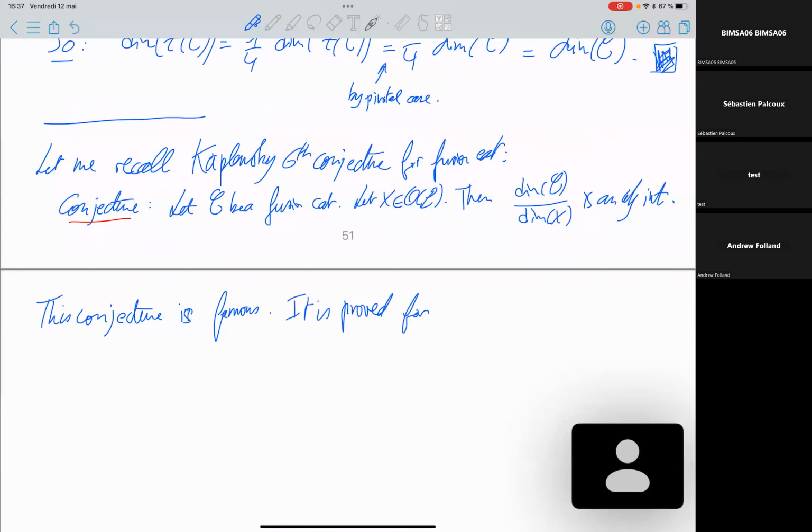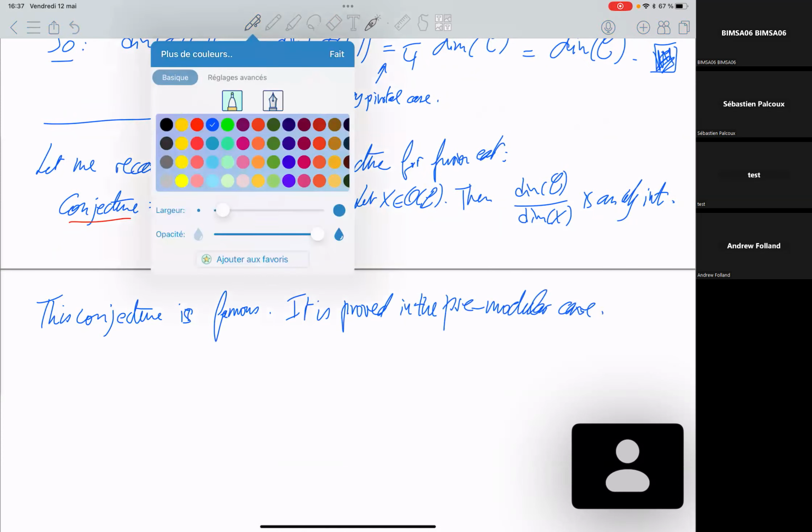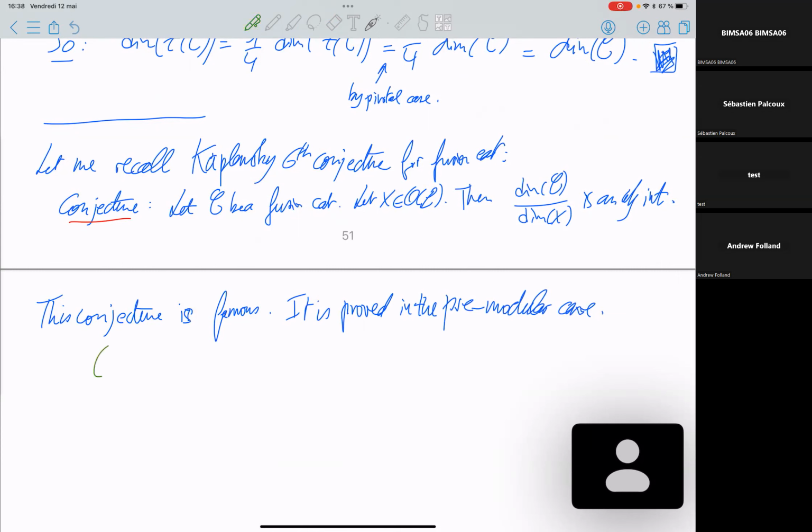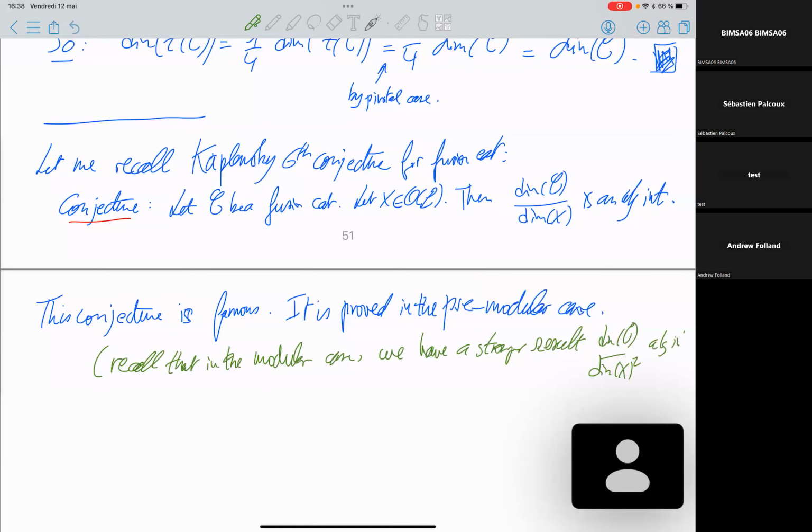It is proved for the premodular case. Recall that in the modular case, we have a stronger result: the dimension of C divided by the dimension of X squared is an algebraic integer.